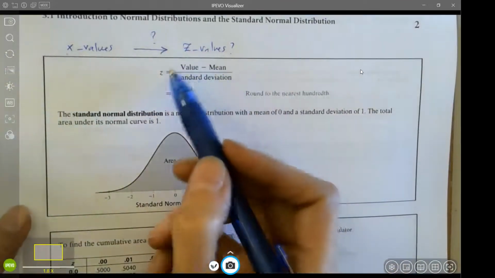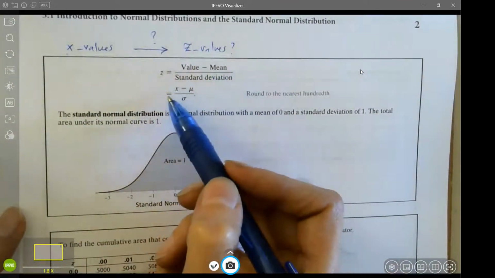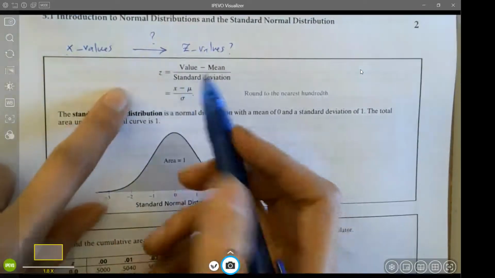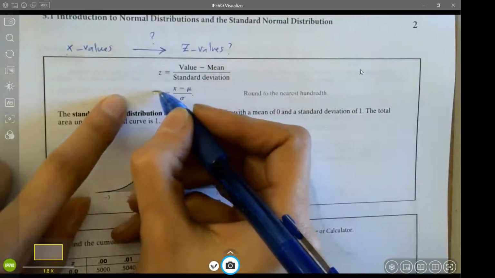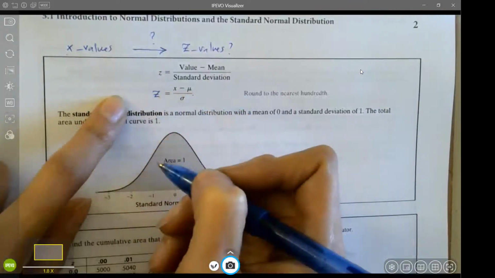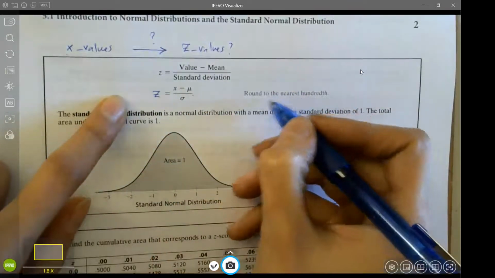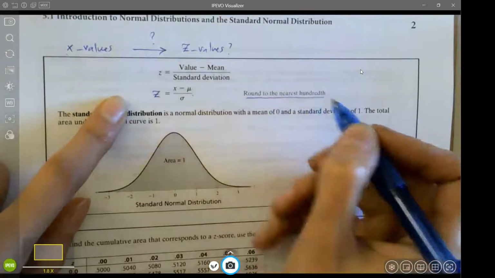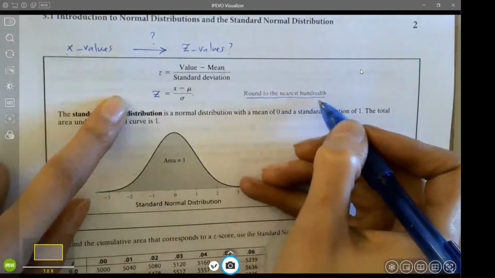We have a nice relation between X and Z. When we have X values, the original values, we can follow the formula Z equals X minus mean divided by sigma. Note that we can round them to the nearest 100.